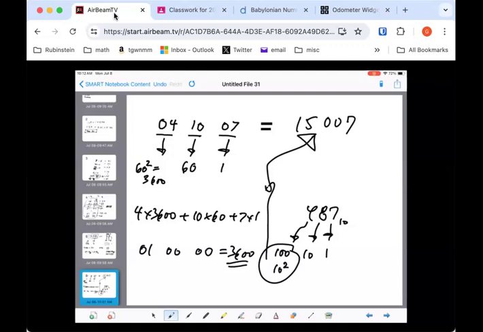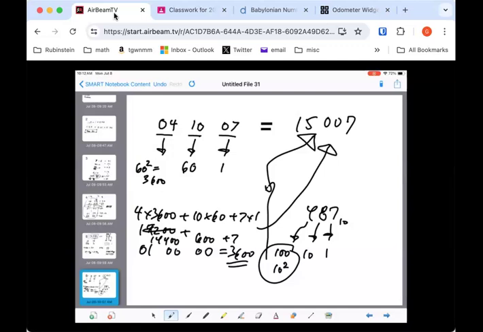Four times 3,600 is 7,200 plus. Did I do something right? I feel like I did something wrong here. No, 4 times 3,600 is 14,400. 10 times 60 is 600. That's adding up to 15,000 plus 7.